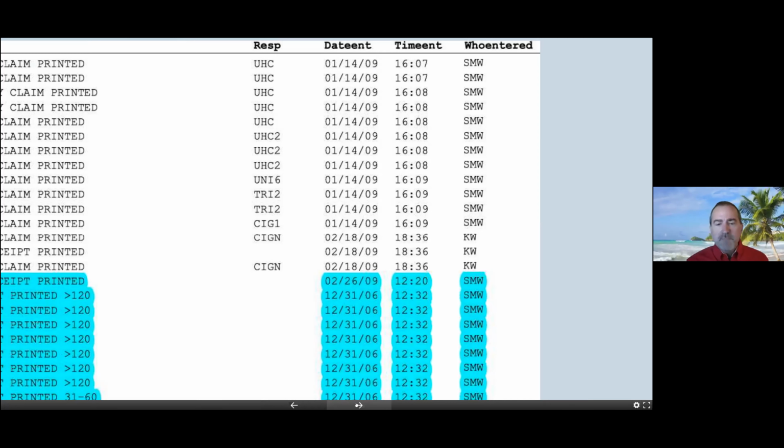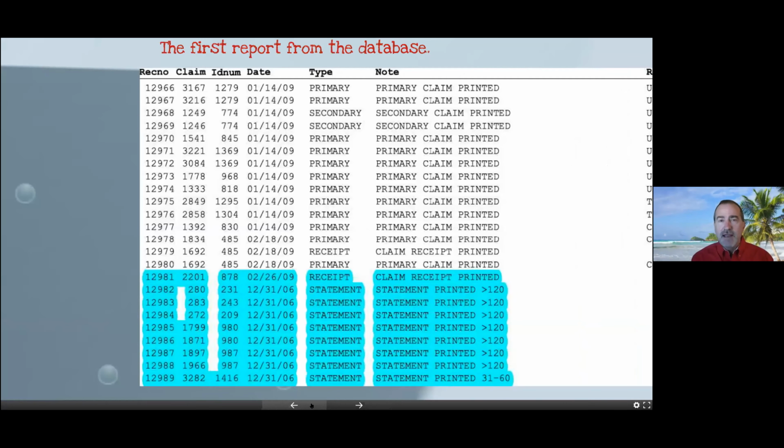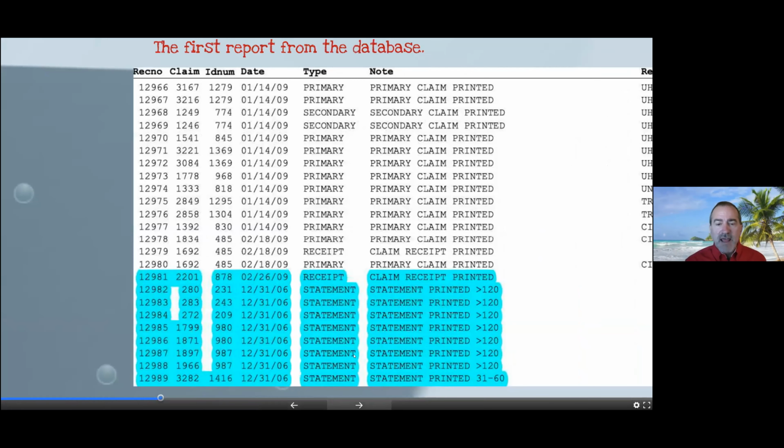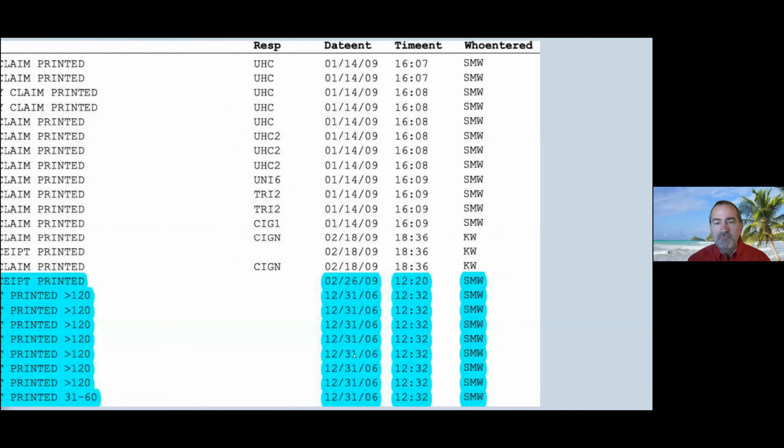And so what they had done is they had told the system to run these statements, and they ran them to PDF instead of to paper, where they would have had to mail them, which would have cost them money. And they told it to run these statements, and before they did that, they backdated the computer by going down to the date and time on the computer and opening up the calendar and telling it that instead of April of 2009, they rolled the calendar back to December 31st and then ran statements.